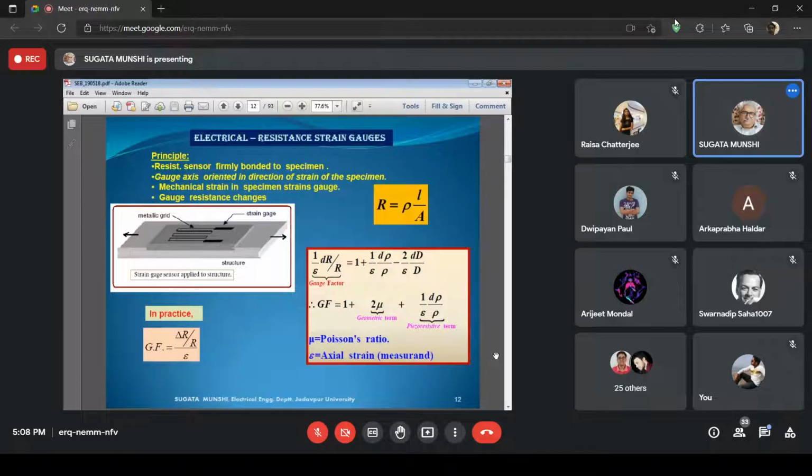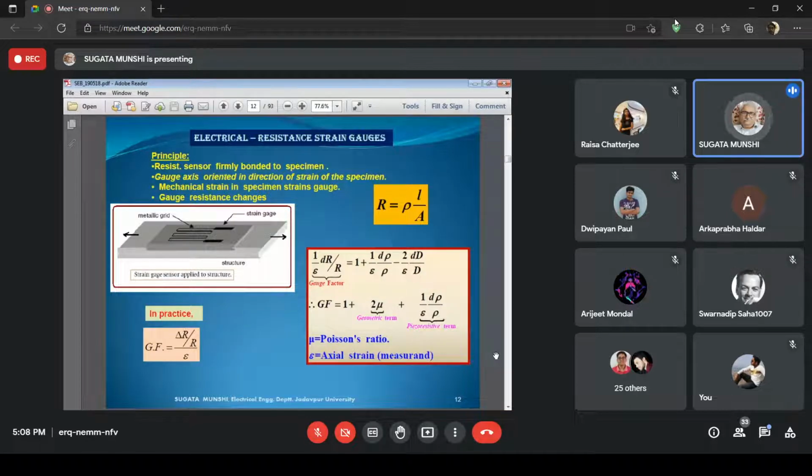So the physical dimensions of the gauge change with the application of the mechanical strain. What will happen?